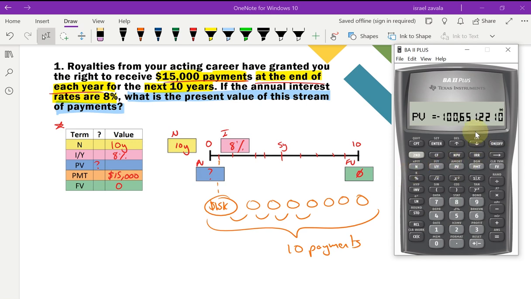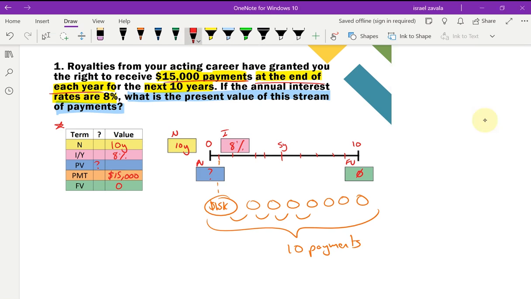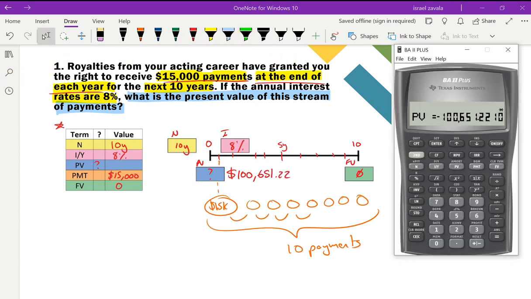We have 100,651 and 22 cents. Let's just double check that. Yep, great.